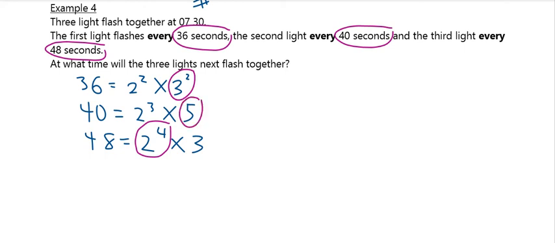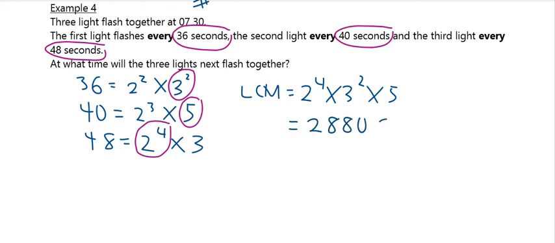So your LCM will be 2 power 4 times 3 power 2 times 5, which, when you multiply everything, is 2,880 seconds, right? When you convert it into minutes, you divide by 60, so you will have 48 minutes. So they will flash together every 48 minutes.